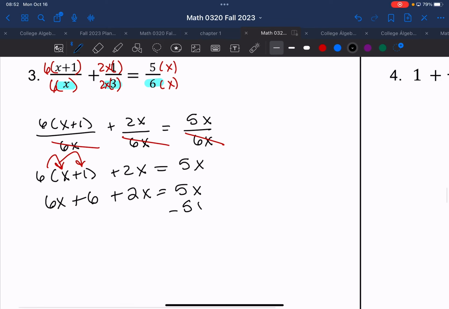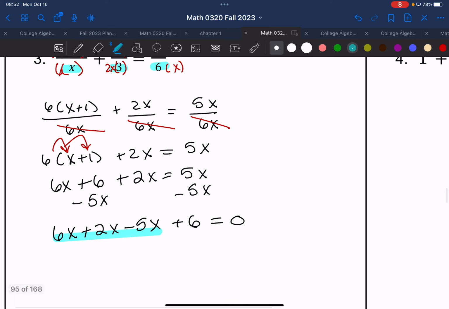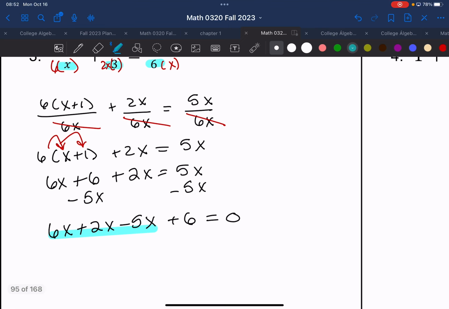Subtract 5x. So now I have 6x plus 2x minus 5x plus 6 equals 0. So combining my like terms of all my x's, how many x's do I have? 3x plus 6 equals 0. I need to solve for x, so what am I going to do with the 6?